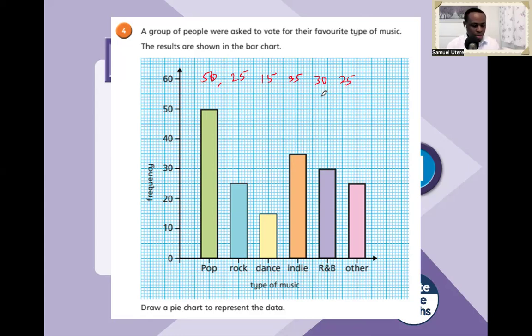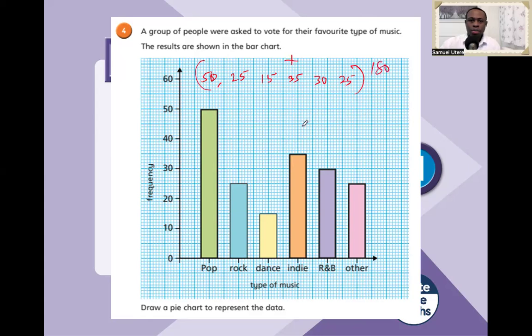So 50, add 40, because 25 add 15 is 40, add 65, because 35 add 30 is 65, and then add 25. That will be 180. Yep, so we're right. So the total data is 180.